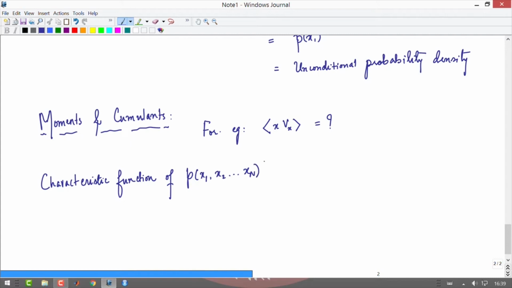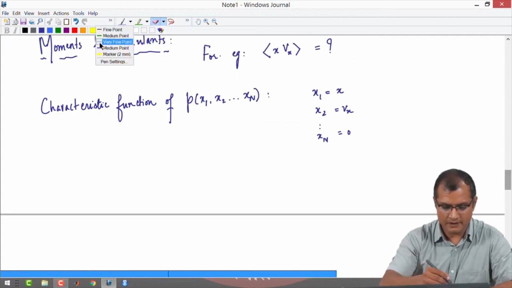Now, I could take my x1 as x, x2 as Vx, and all other values as 0. Then this would give me the expectation value of xVx. This characteristic function would give me the expectation value of these variables.